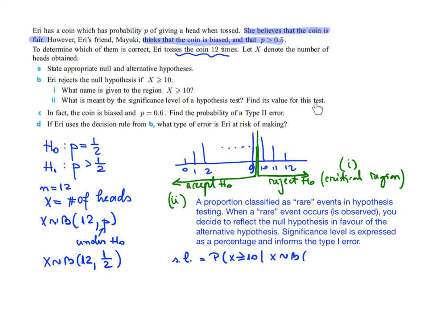Find the value of the significance level for this test. So now I know that it's a probability of x being bigger than or equal to 10 on my distribution, on this distribution. I can use directly my calculator, or I can split it up into 3 and add them. So I need these probabilities on this distribution, and that's my answer.